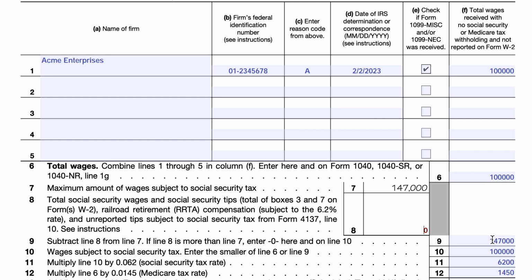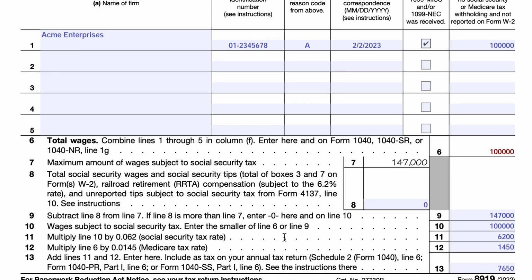If this were $200,000, then we would only be calculating Social Security tax based on the $147,000. Since this is $100,000, we're going to calculate Social Security on the full $100,000. So we multiply that amount by 6.2%. That gives us our Social Security tax.